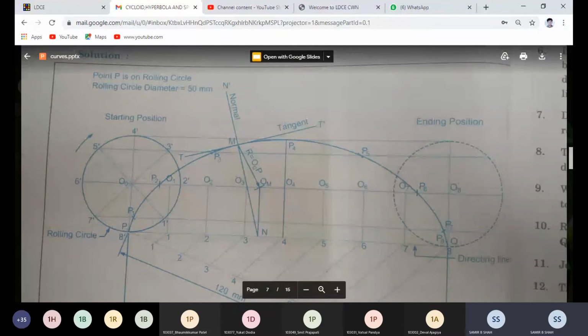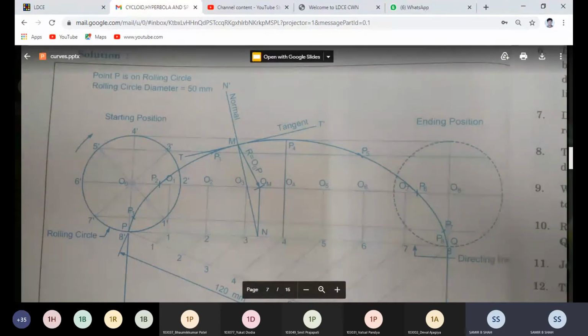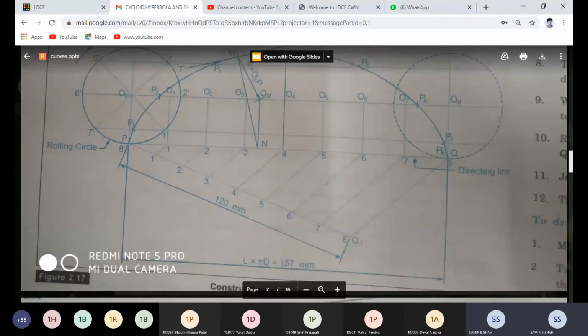The point is called P. So from point P take 157 mm and divide it into equal parts. Here we are dividing into 8 parts. If you want to divide into 12 parts, that is also okay.